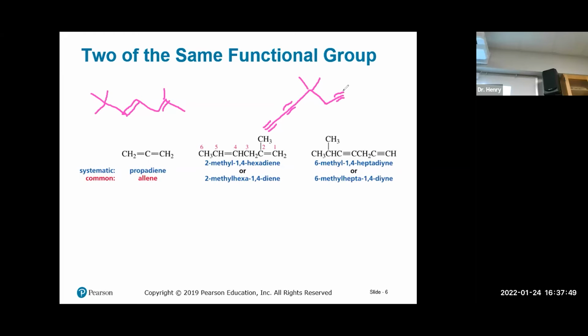What was that? Oh my goodness. Ugh. Are all those triple bonds on this one? Yep, they're all triple bonds.